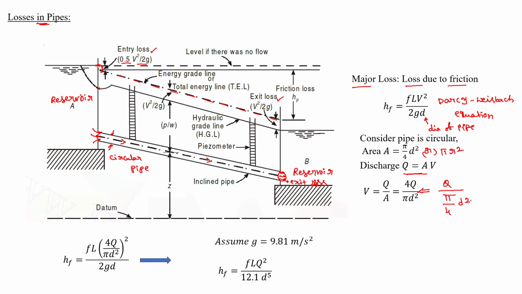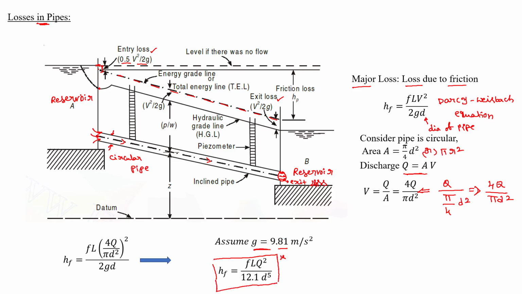Under this pi by 4 d square, the 4 will go up, so 4Q by pi d square. Then substitute in this particular equation, and if we assume g is 9.81, the final equation comes as hf equal to f L Q square by 12.1 into d power 5.